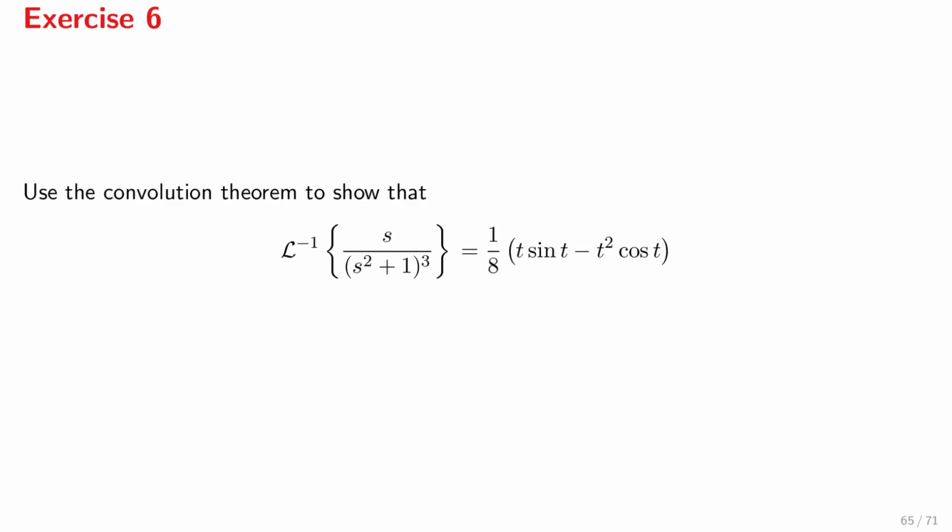So this is s squared plus 1 times s squared plus 1 times itself once again. And you can apply the convolution theorem, which gives you that the inverse Laplace transform of F times G times H is the inverse Laplace transform of F, convolution with the inverse Laplace transform of G, convolution with the inverse Laplace transform of H.